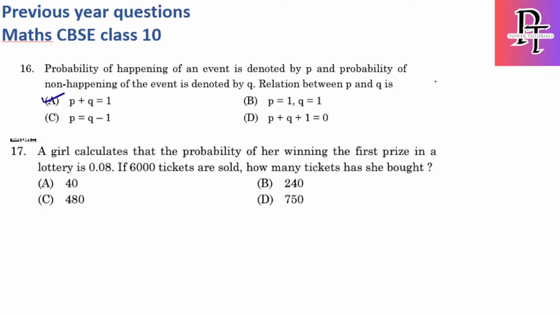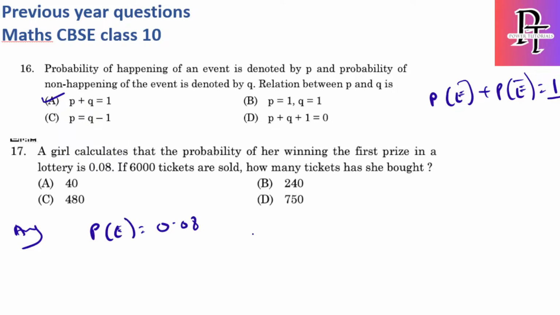Okay. 17th one. A girl calculates that the probability of her winning the first prize is 0.08. Total 6,000 tickets are sold. How many tickets has she bought? So P of any event is winning by total chances, which is 6,000, is equal to 0.08.